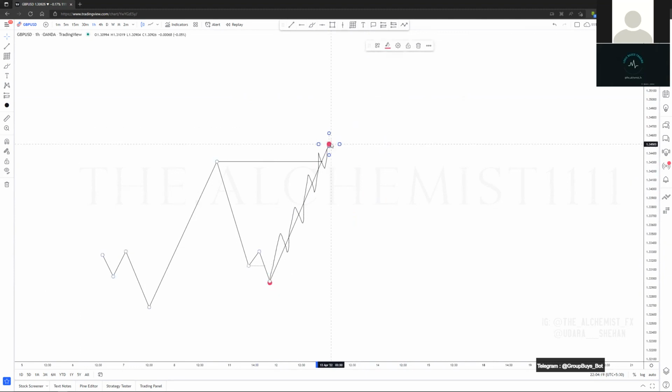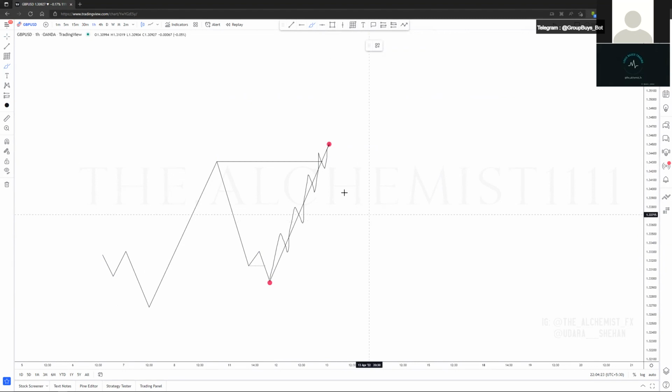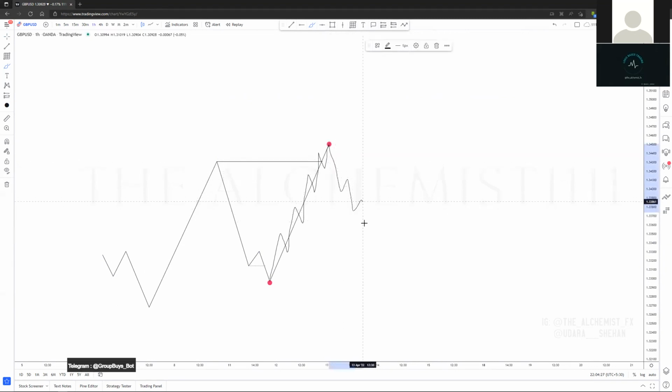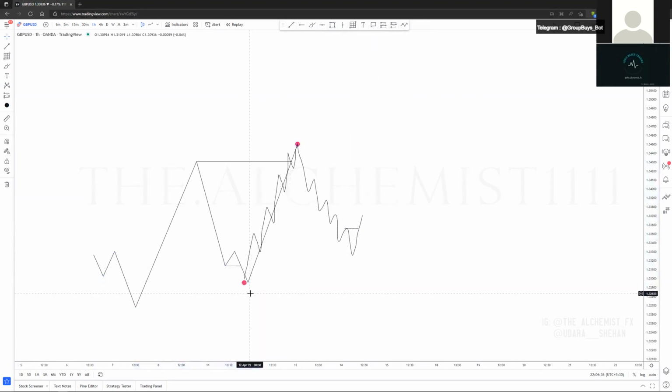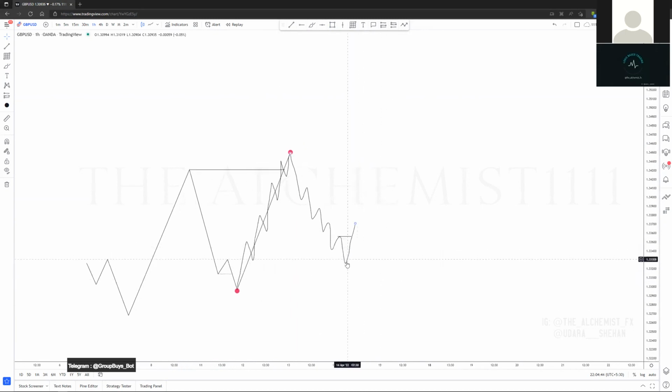So let me show you. And then again, how do we confirm a trading range? That is very important. So let's say it came into a discounted price and gave you this. Now, as soon as you have this breakout structure, you're not going to mark this out as the low of the next trading range. Because for this to be confirmed as the low of the trading range, it has to break out of this high.